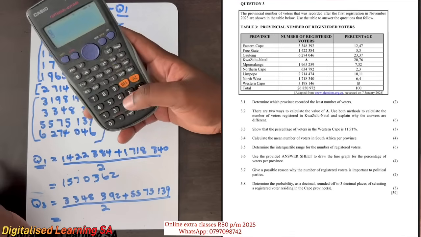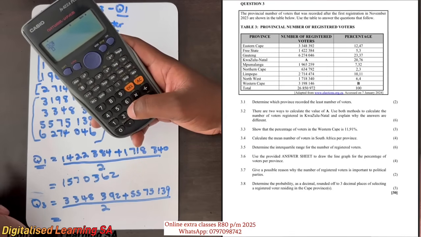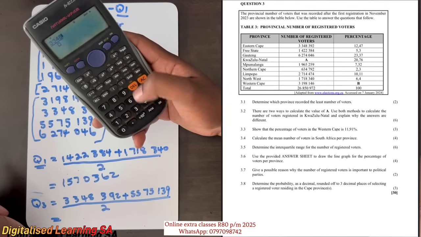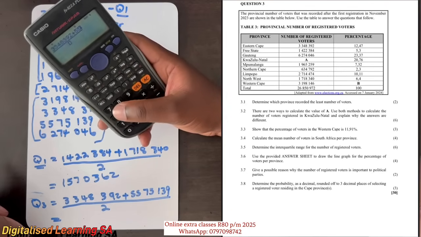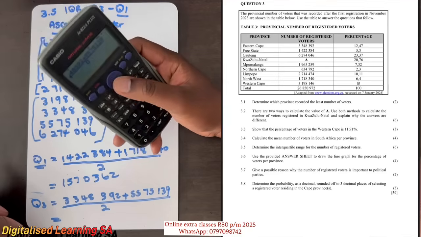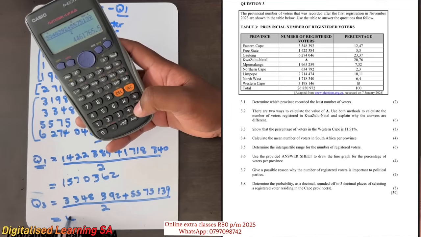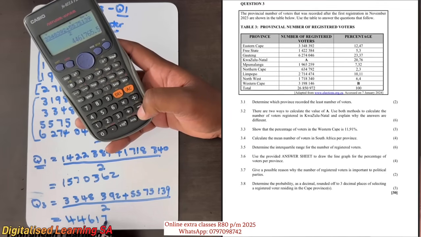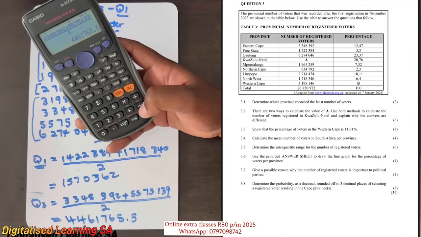We do the same. We add the 2 and divide by 2. So it's 3348392 plus 5575139 divided by 2. And our answer will be 4461765.5.